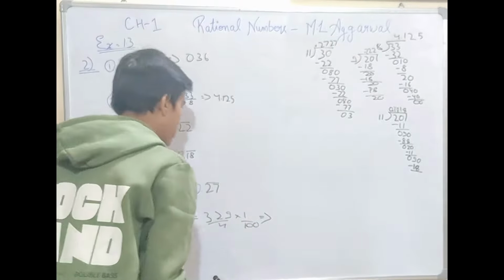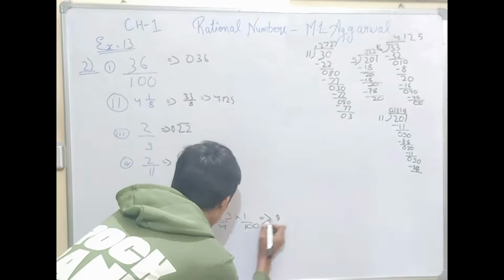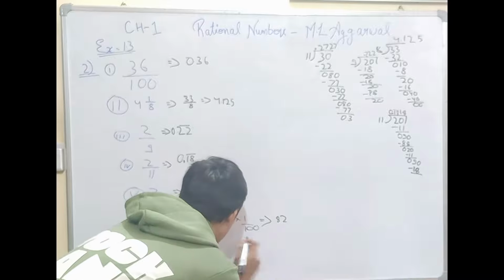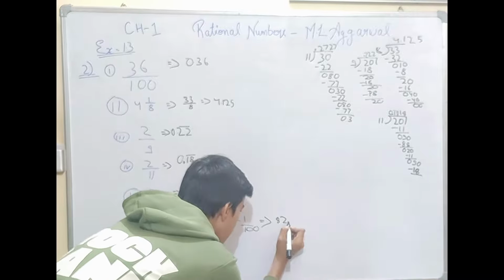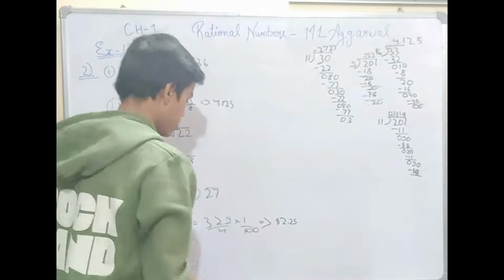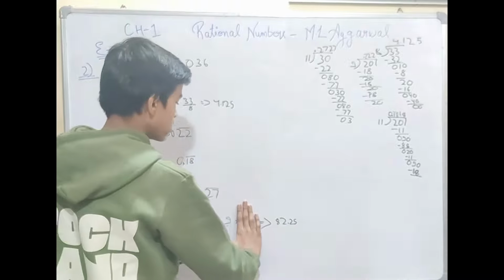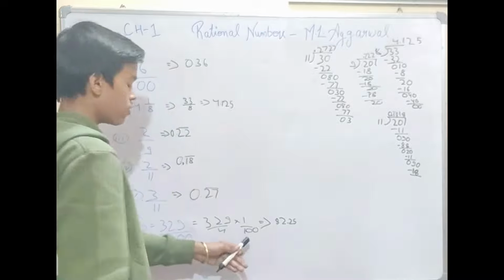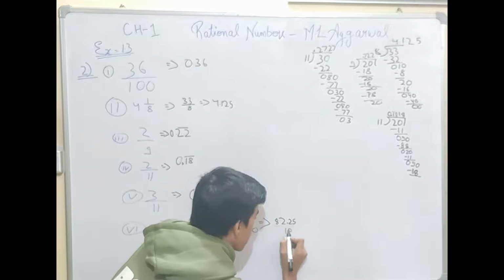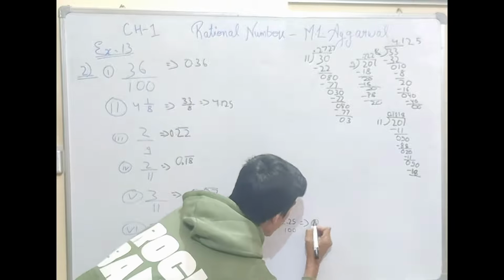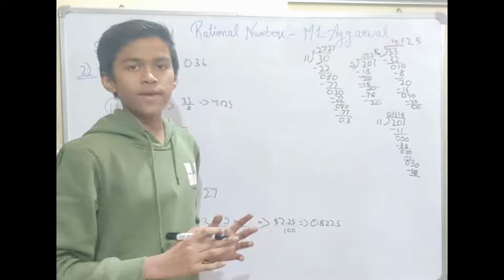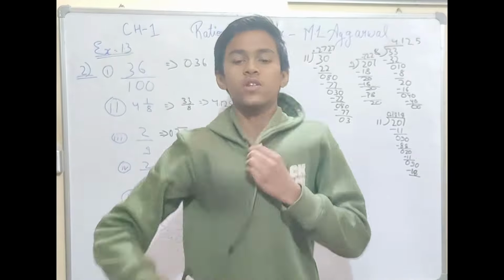Okay, so 4 8s are 32 and 4 2s are 8. Then 1 is left, so we will put decimal, it will be 10.25. So 329 by 4 gives us 82.25, and now we will do upon 100, which will give us 0.8225.